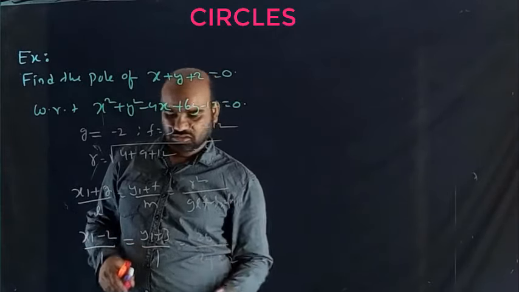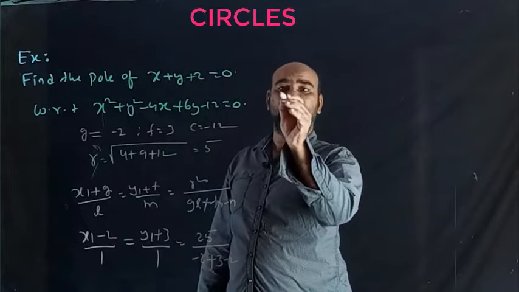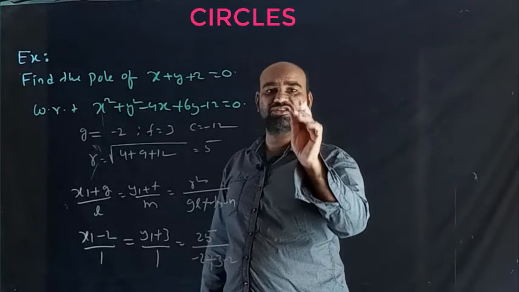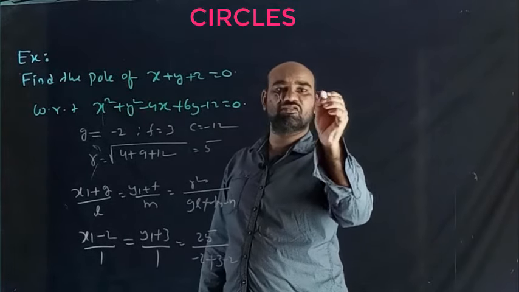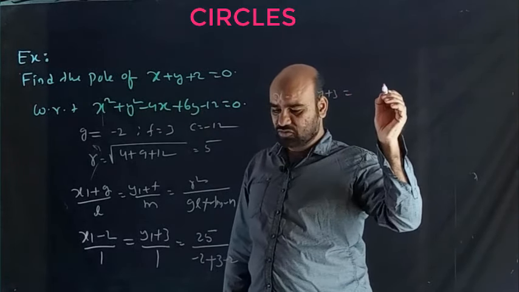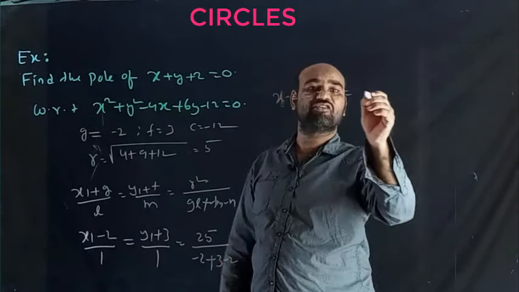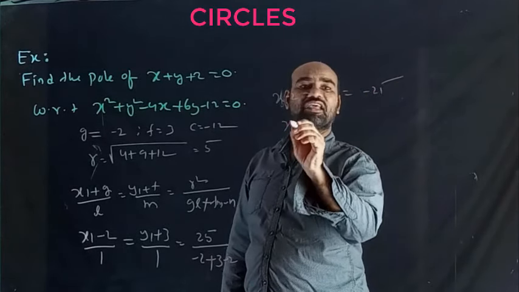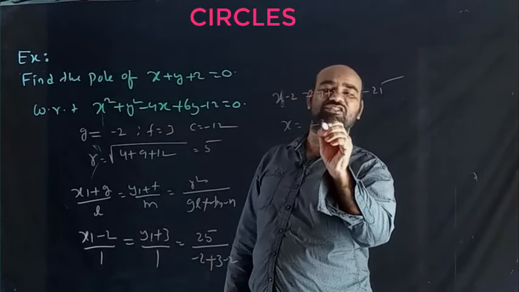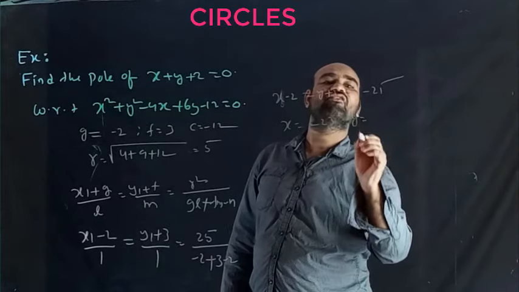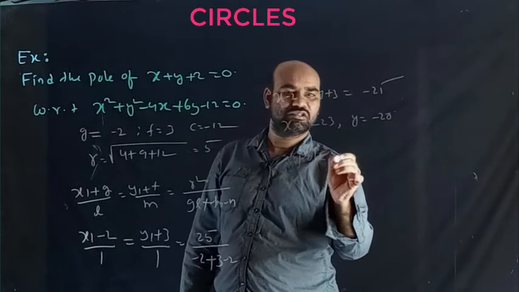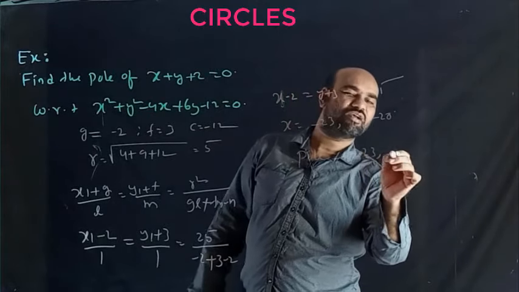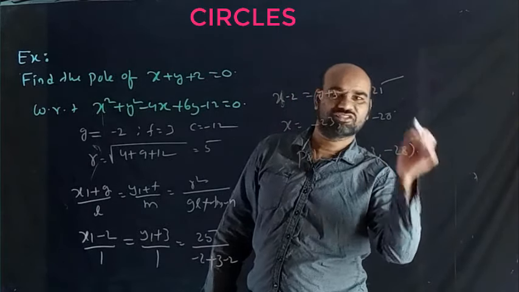So finally, x minus 2 equal to y plus 3 equal to minus 25, so x is equal to minus 23 and y equal to minus 28. Therefore the pole equals (minus 23, minus 28).